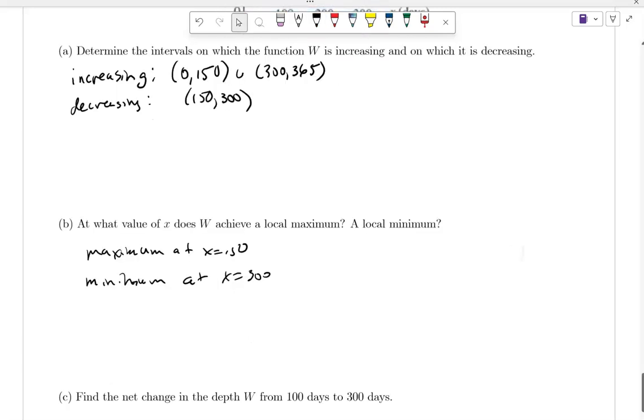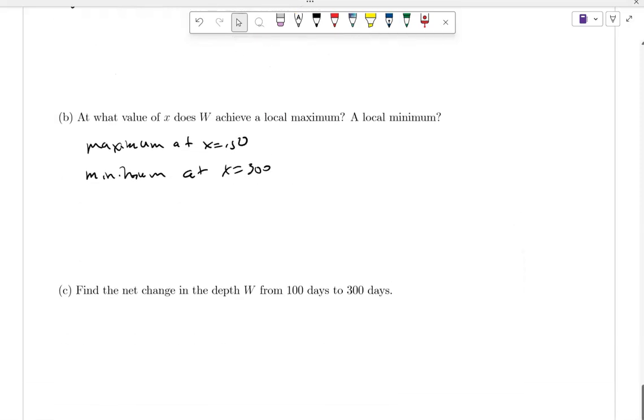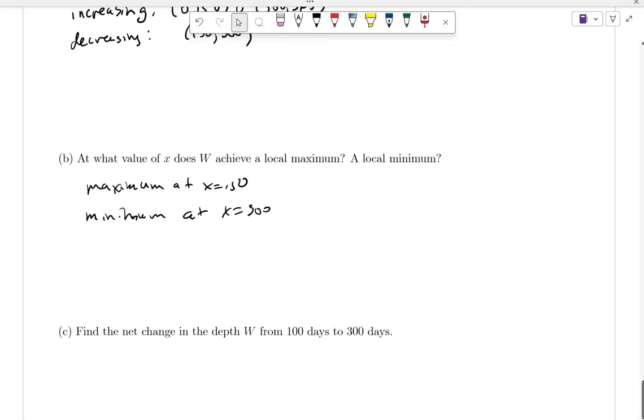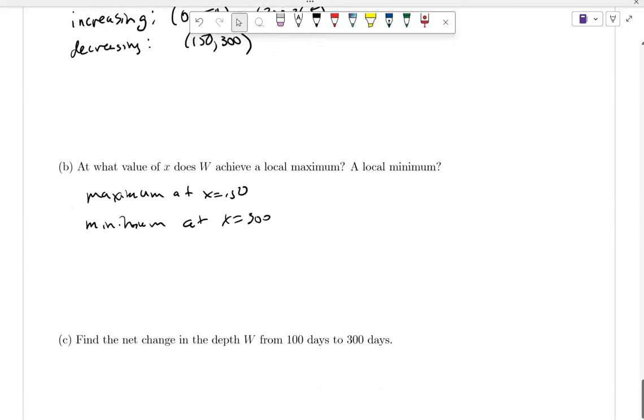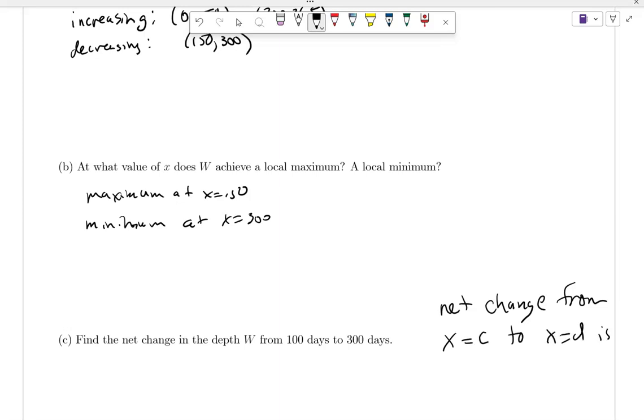All right. Then the last one is just a little bit of a review for us. It's asking for the net change in the depth. Remember your net change, just to write this off to the side, we did this the other day. If you want net change from x equal to c to x equal to d, you do the ending y value minus the starting y value, right?